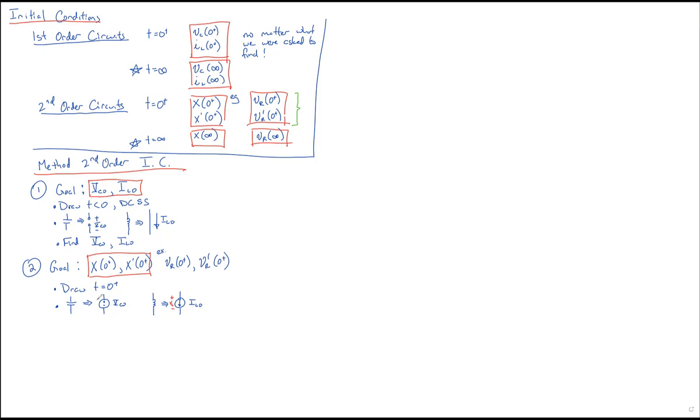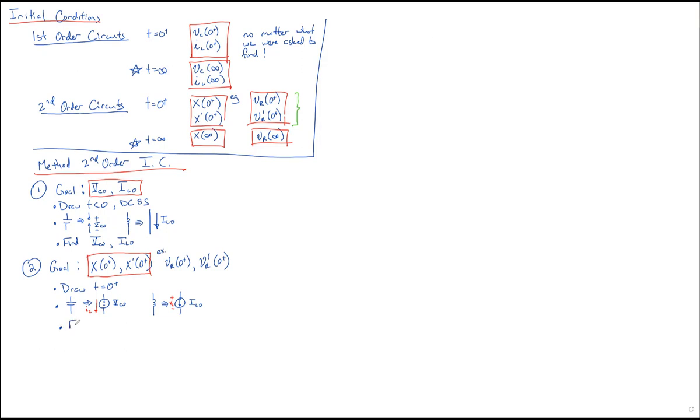Similarly, you have to define the current through the capacitor like this, using passive sign convention because it's truly not a voltage source, it's truly a capacitance. It's just a capacitance whose voltage we happen to know, so it's easier to represent it as a voltage source. Now, once again, there should be no switches at 0 plus. They're all open or closed. There should be no U of T's. They're all evaluated at 0 plus.